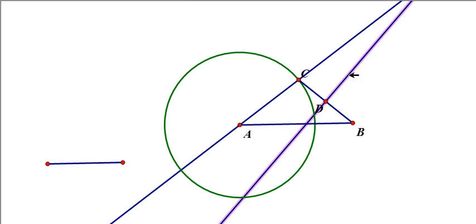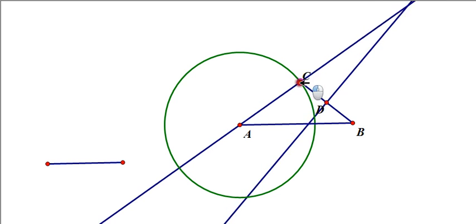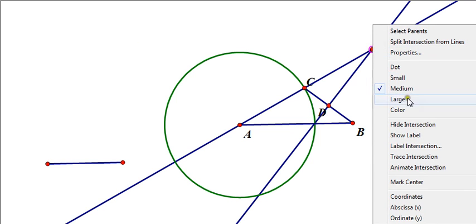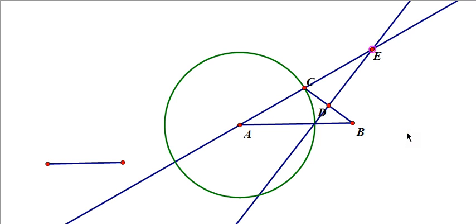This perpendicular to BC and this line AC meet at a particular point, which we can highlight here. Let's suppose this is the point where they meet. We label this point as point E.